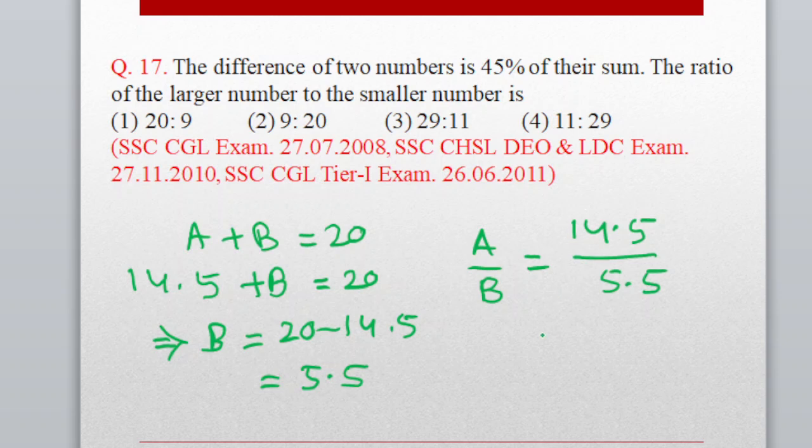So this is equal to 145 divided by 55, because after the decimal point one digit is there in both the numbers. So when 145 is divided by 5, it becomes 29. When 55 is divided by 5, it becomes 11.